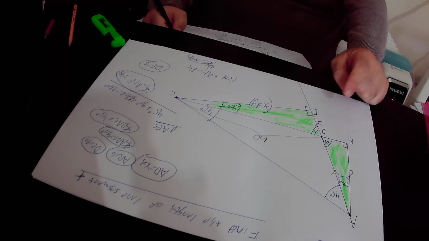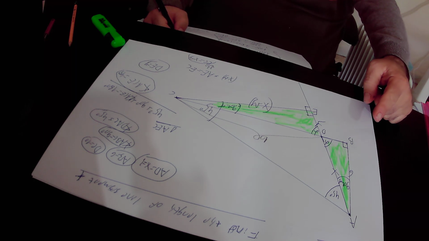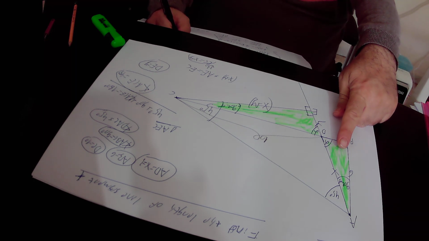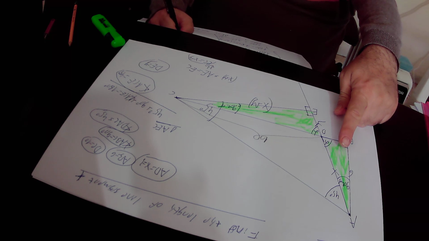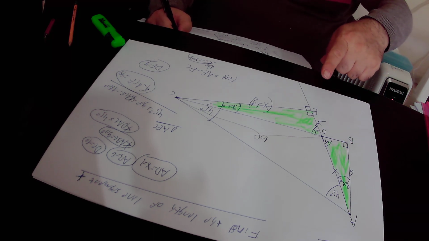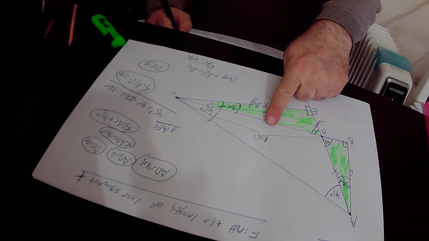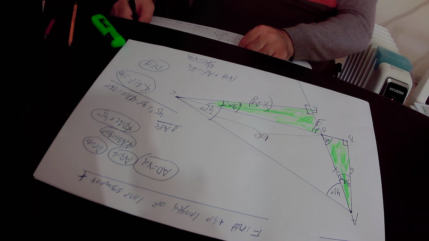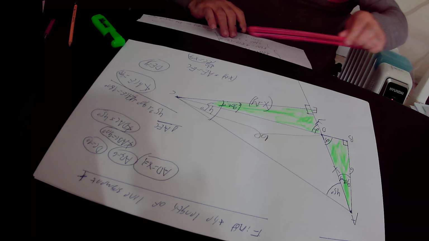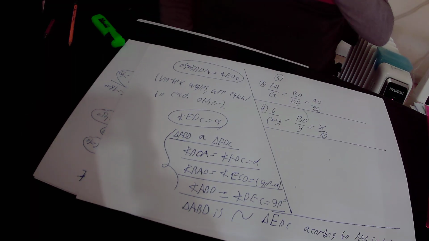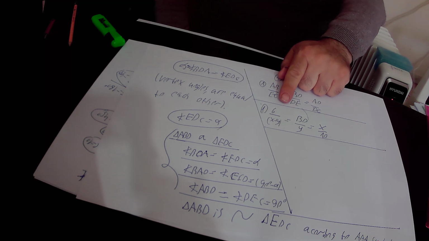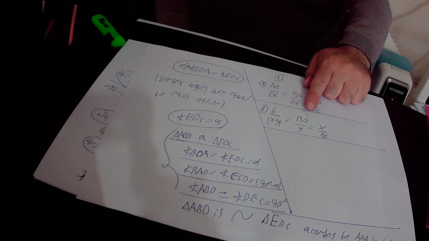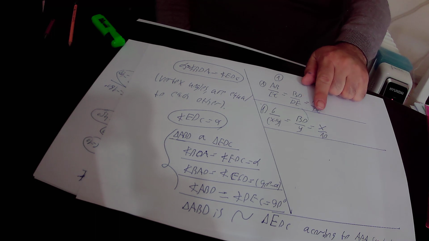And it is equal to AD, which is x according to the question, over DC. DC is equal to 10 units. So, in conclusion, according to equation number 1, 6 over x plus y is equal to BD over y, and it is equal to x over 10.